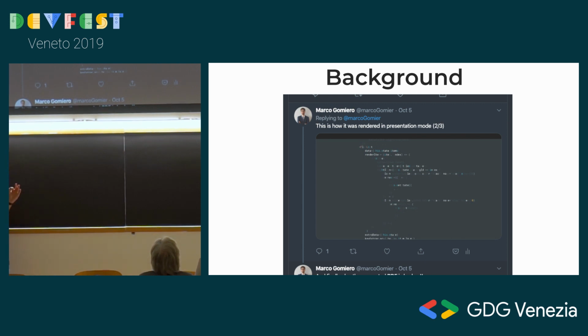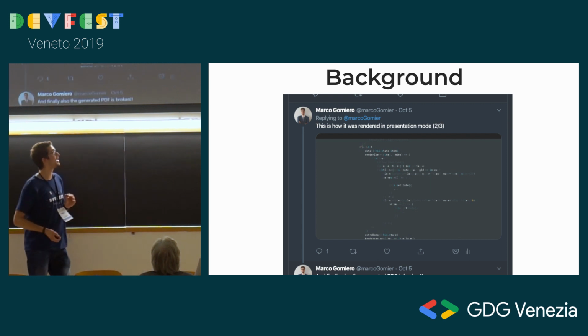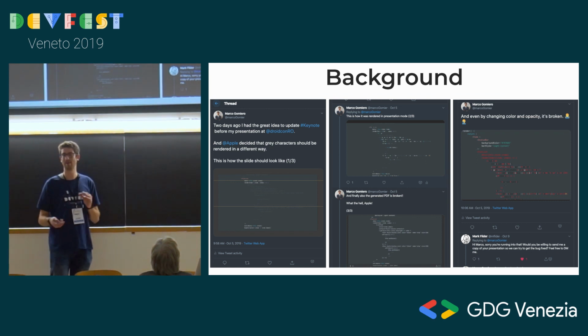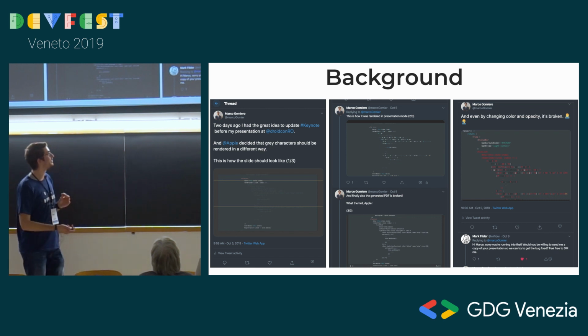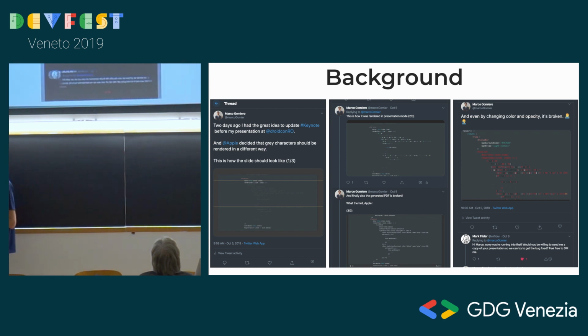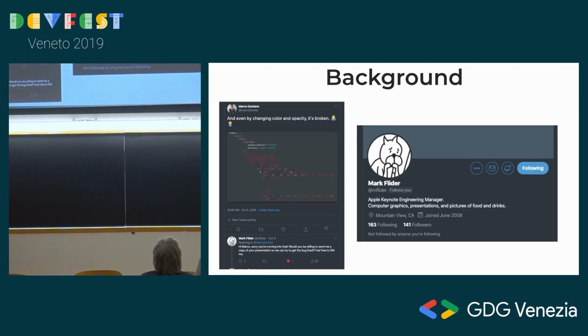I only discovered it during my presentation. Of course, I told everyone on Twitter, and a guy answered me to tell him about the issue. And guess who this guy is? He's the engineering manager of Keynote.